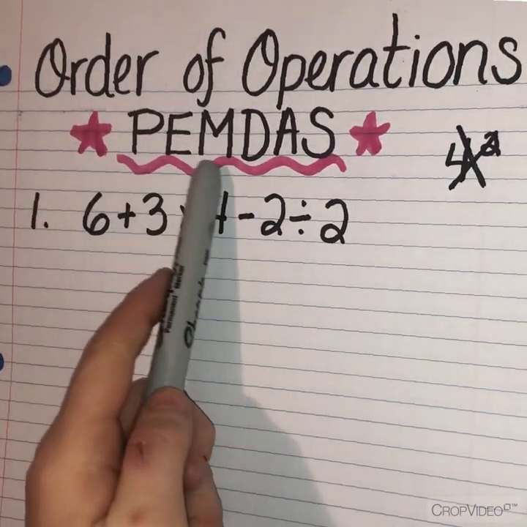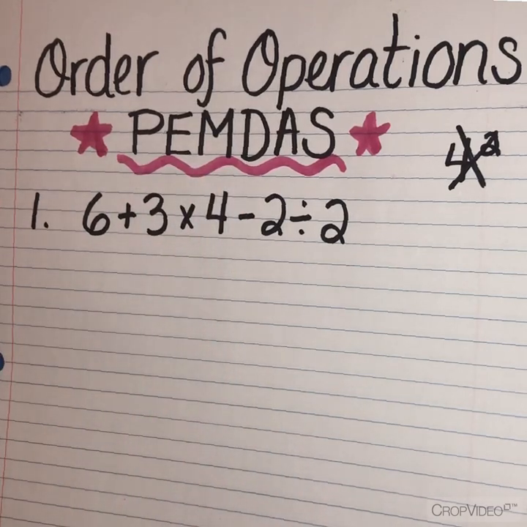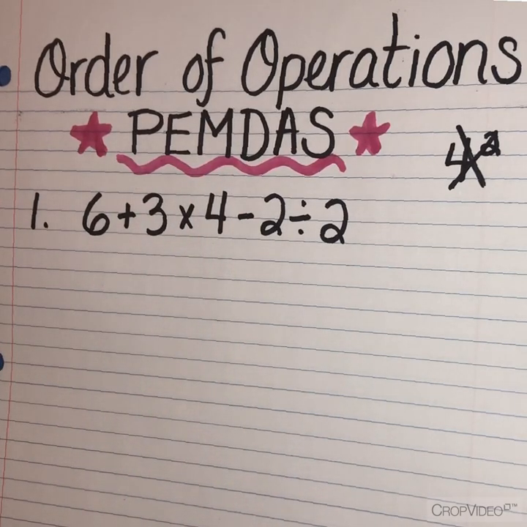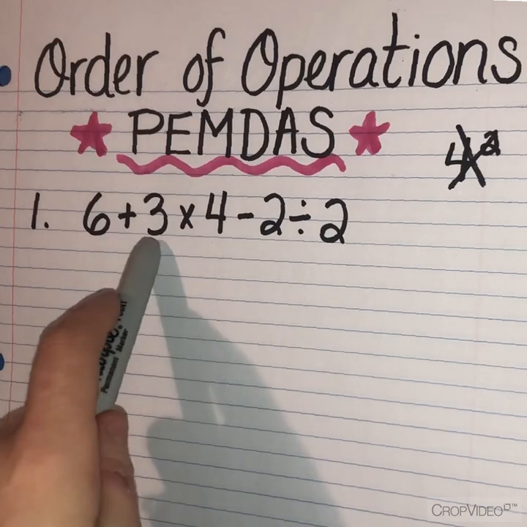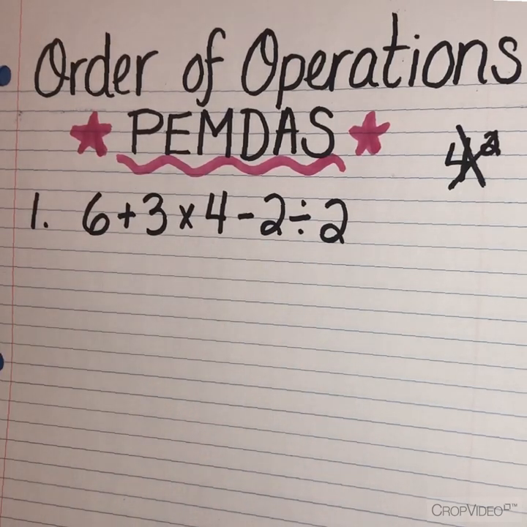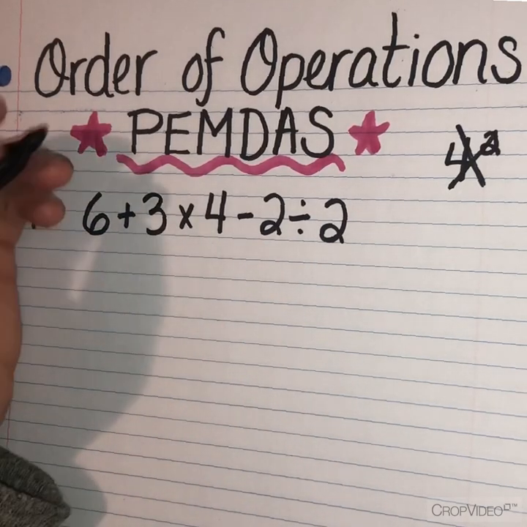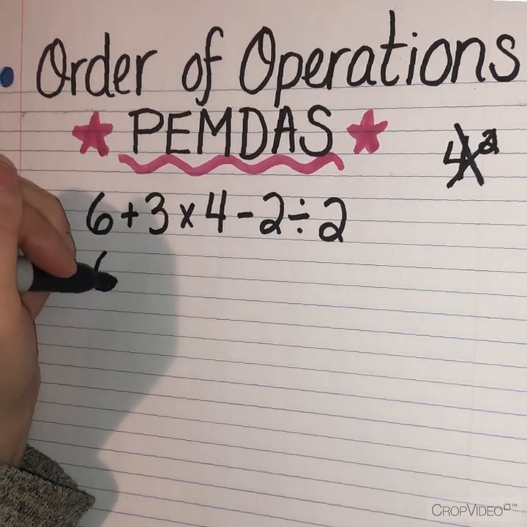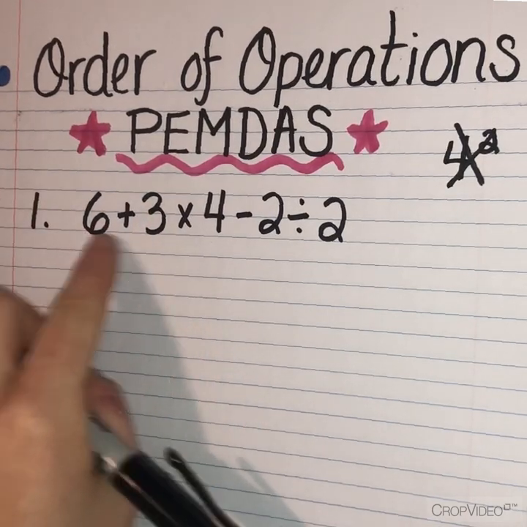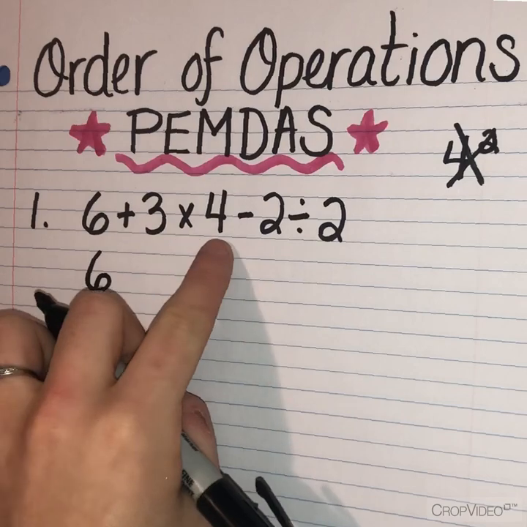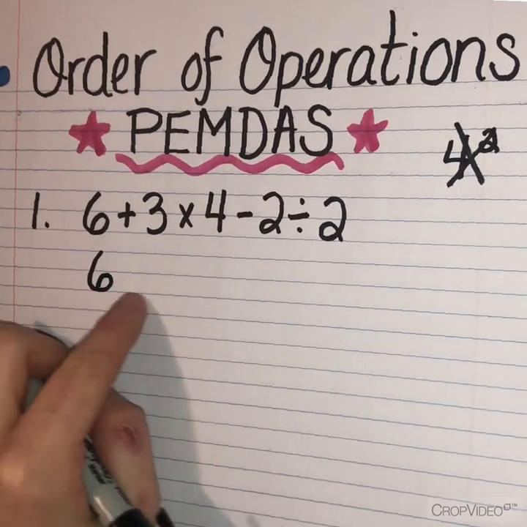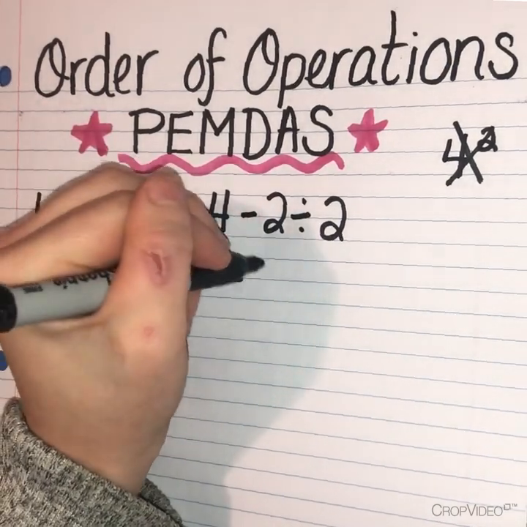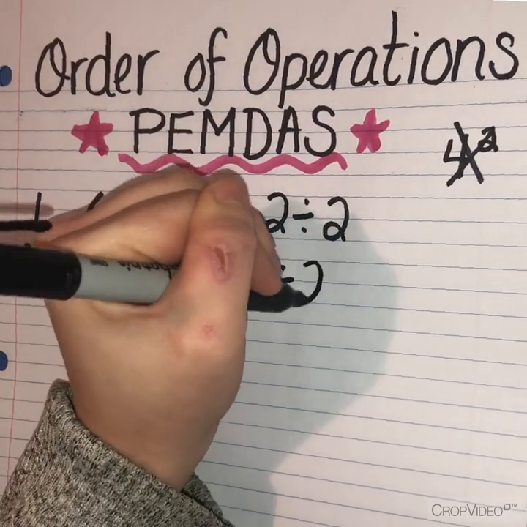So then we'll skip on to the M for multiplication. Is there anything in our problem that is supposed to be multiplied? Yes, we have a 3 and we have a 4. So what I'm going to do is write everything before and after this positive 3 times 4. So I'm going to write the 6, and the minus 2 divided by 2.